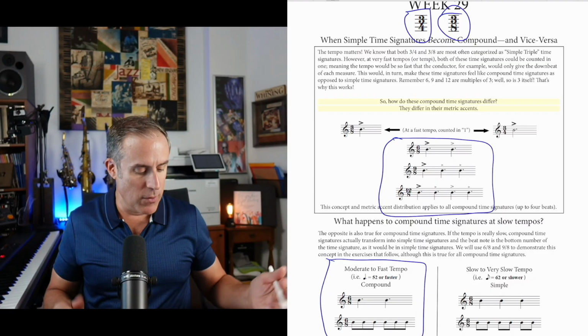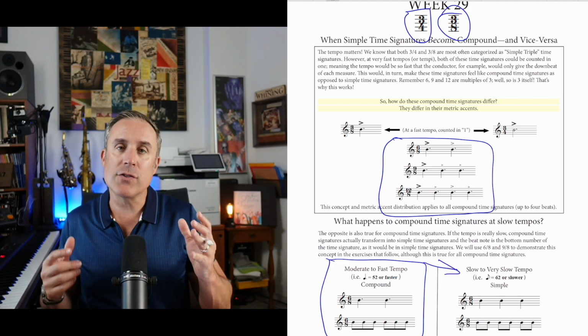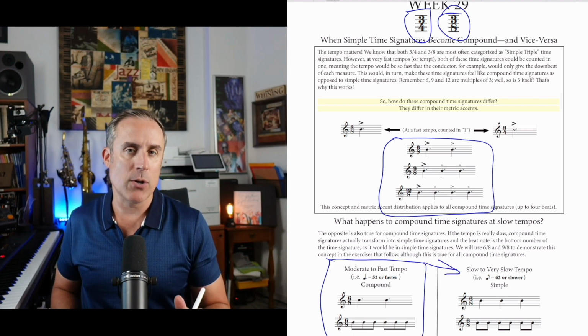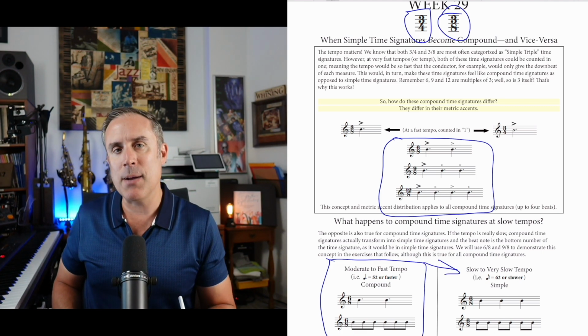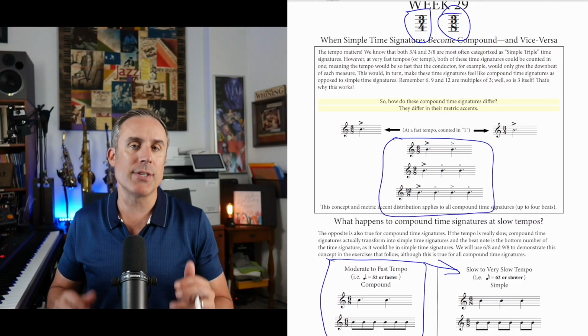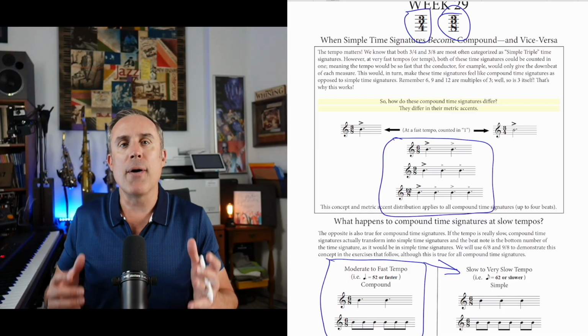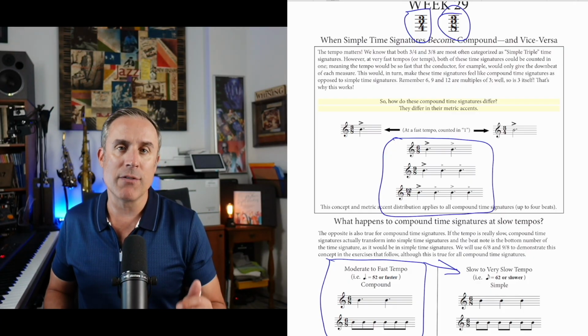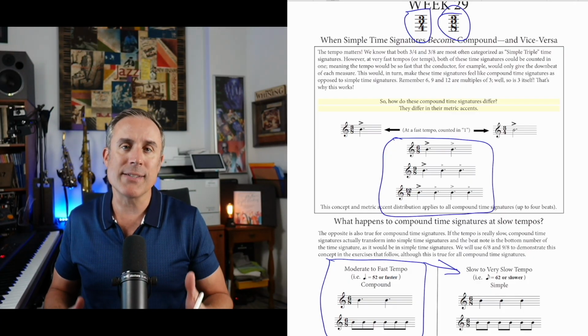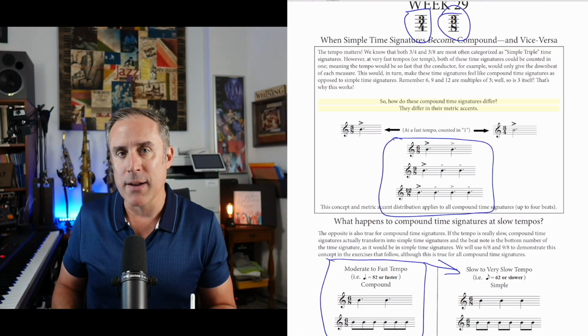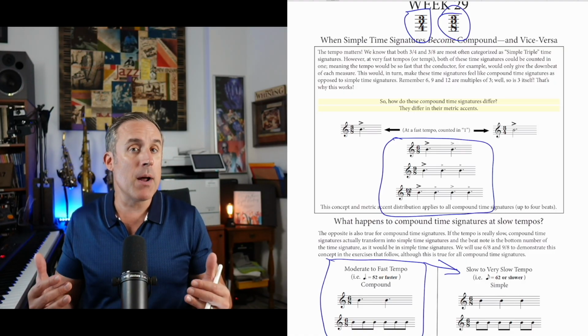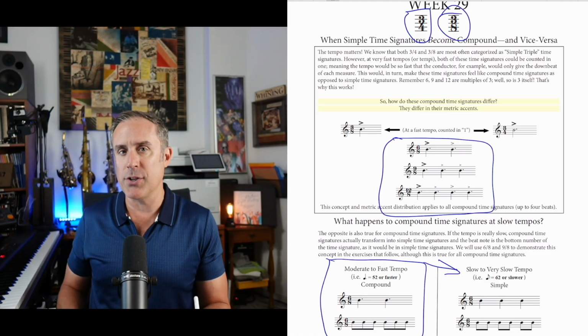Well, now let's move to the right here, where we have slow to very slow tempos in a 6/8 time signature. This changes the game. Now we've got 6/8 notes in the measure, but the 8th note will actually receive the beat or the pulse, and that's how it should be performed. That changes what the bottom number means in this time signature.